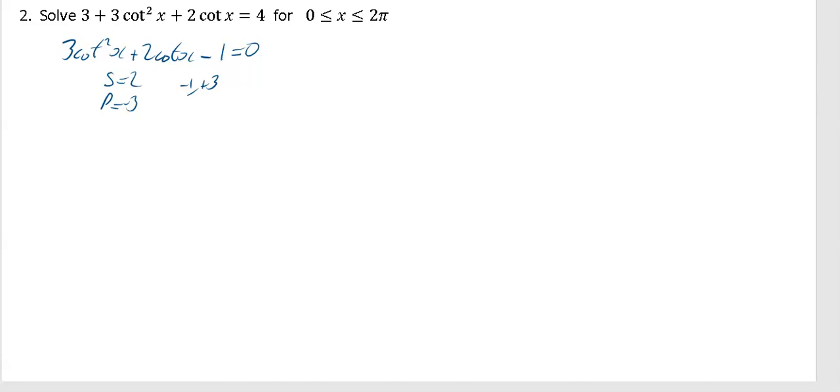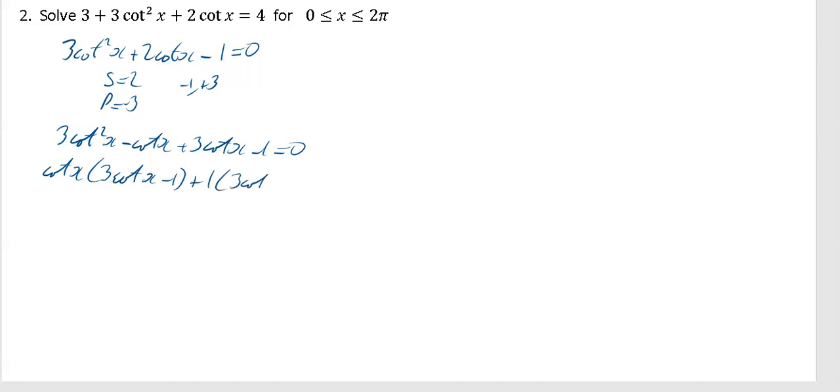Okay, so we'll rewrite our equation: 3 cot squared x minus cot x plus 3 cot x minus 1 equals 0. So take a cot x outside a bracket to leave me cot x times 3 cot x minus 1, plus 1 times 3 cot x minus 1 equals 0.